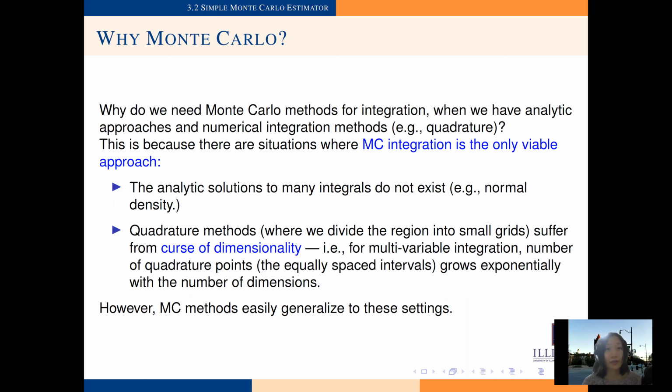And when the dimension is super high, this method is not going to be efficient at all. However, the Monte Carlo methods can easily generalize to these settings. It works when the analytic solutions to the integrals do not exist. It also works in high-dimensional settings. So in these cases, the Monte Carlo integration could be really useful.